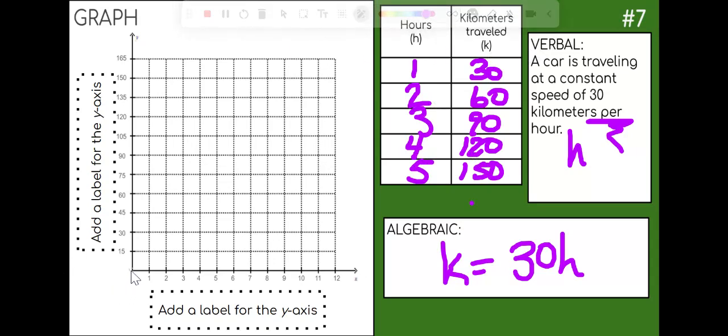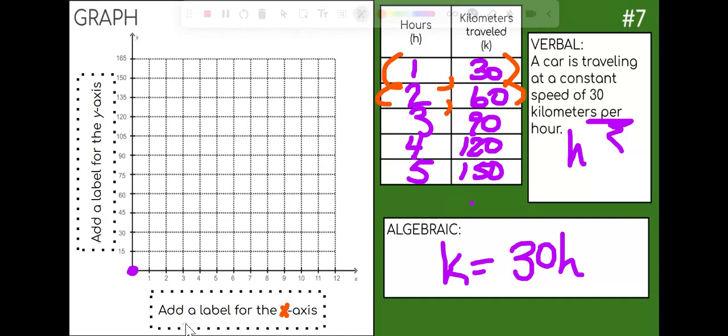And let's plot these points, 0, 0. The reason I like our tables like this is because you can really see the ordered pair. Right? 1, 30, 2, 60. These are points on your graph. Oh, I forgot to label my x and y axes. I also realized that this should say x-axis, not y-axis.